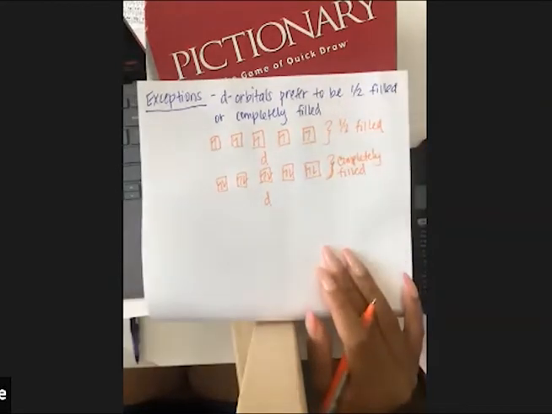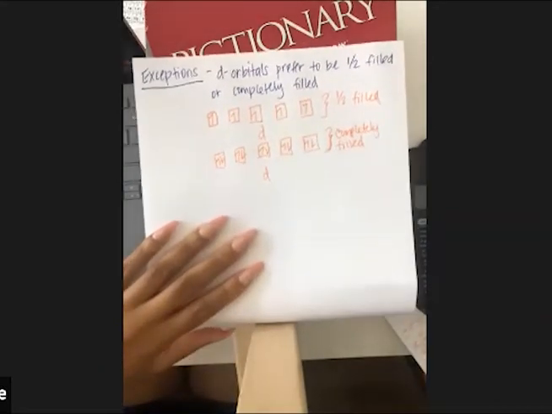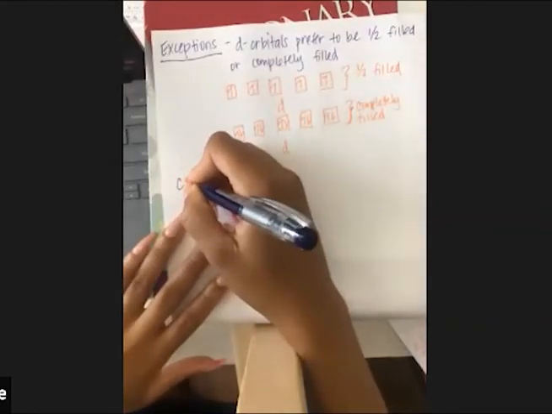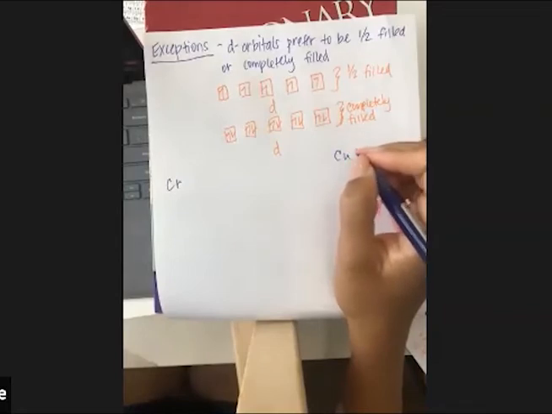All right, so in this case, when we have these d orbitals, the exceptions that your class has to know are chromium and copper.